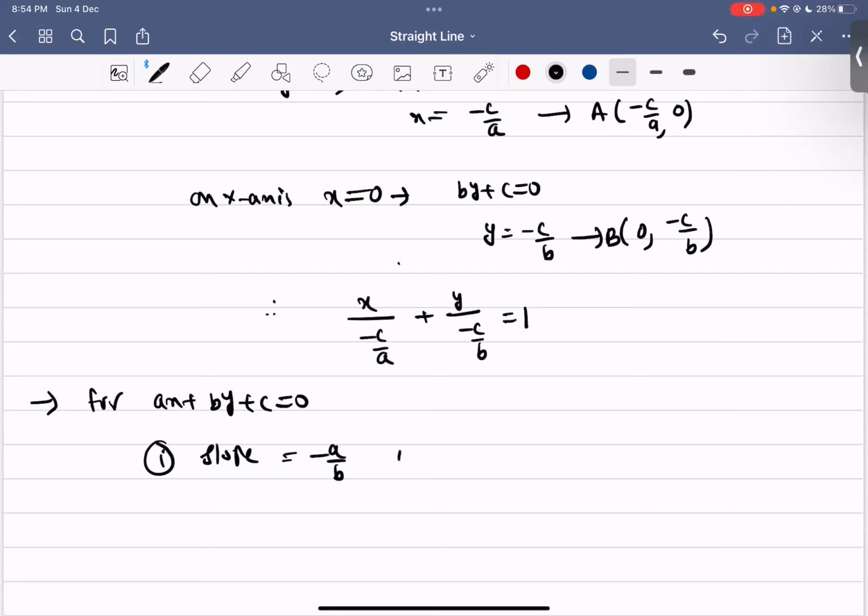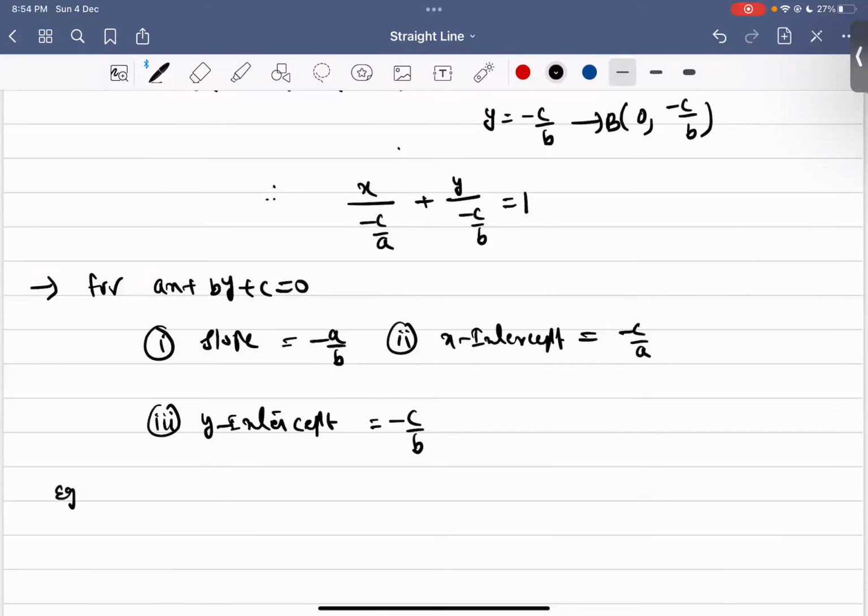You memorize this as the result. Next, x-intercept is equal to minus c by a. Third, y-intercept is equal to minus c by b.